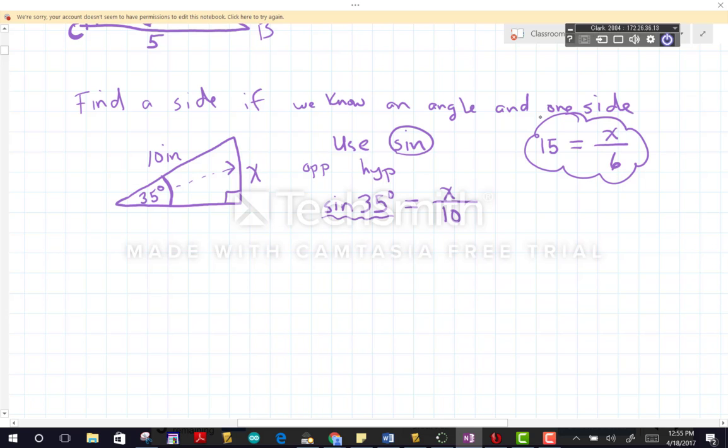Multiply by what? I could multiply by 6 to solve this one. So in this equation that I'm actually looking at, what am I going to multiply by? I'm going to multiply both sides by 10. So I'm going to multiply by 10 on the left. I'm going to multiply by 10 on the right. That's going to give me x on this side.